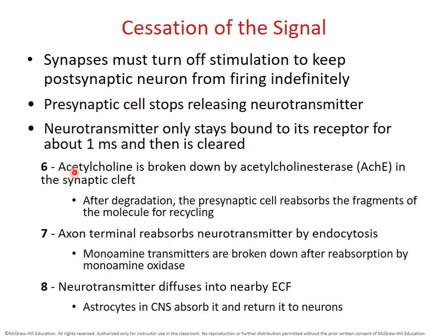So this acetylcholine that's bouncing around, just by luck, sometimes it might bind to an acetylcholine receptor, but just by luck, by random fortune, it may sometimes bind to an acetylcholinesterase molecule. Of course, once it binds to the acetylcholinesterase molecule, it is degraded, it is broken down, and so that molecule is no longer available to bind to the receptor molecules.